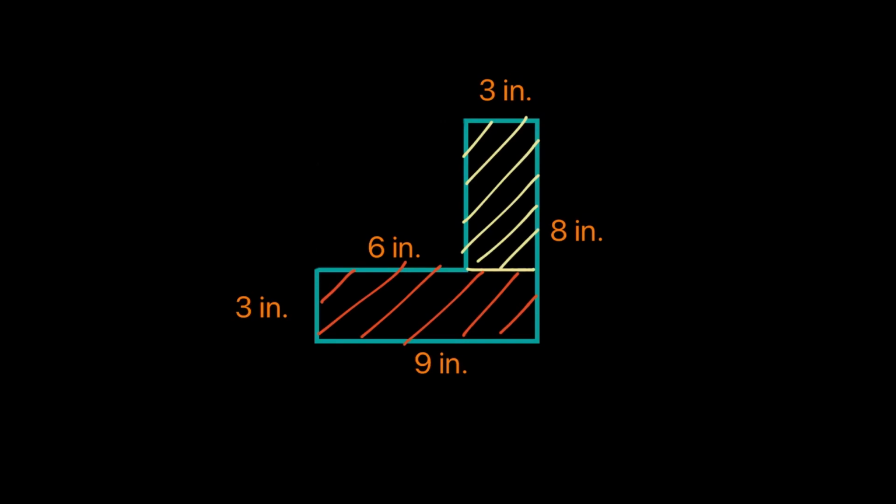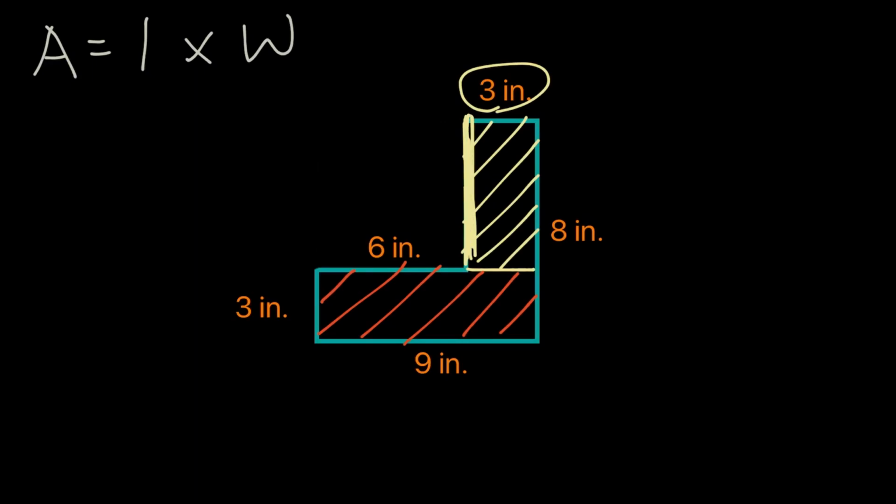Now, both of these figures are rectangles, so the area for rectangle is A equals length times width. For the yellow shaded rectangle, we have the width, but we're missing the length here.